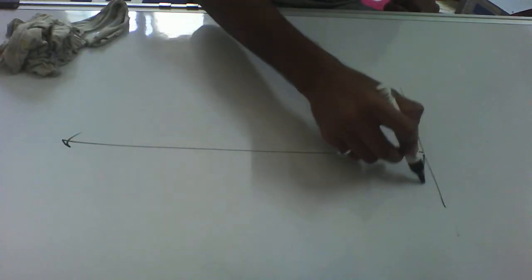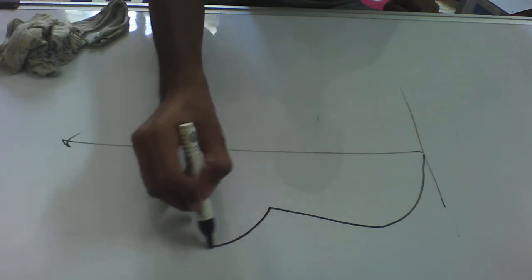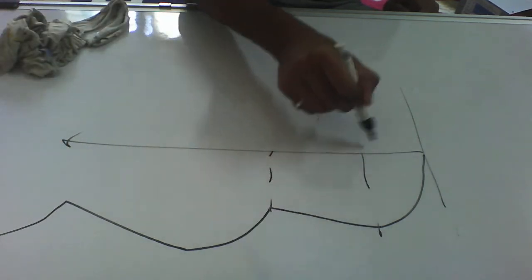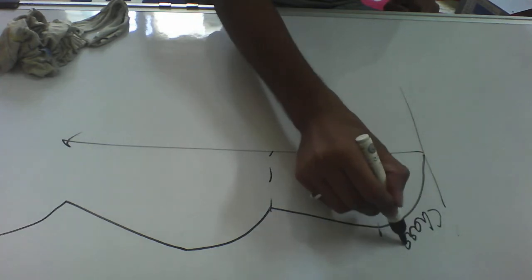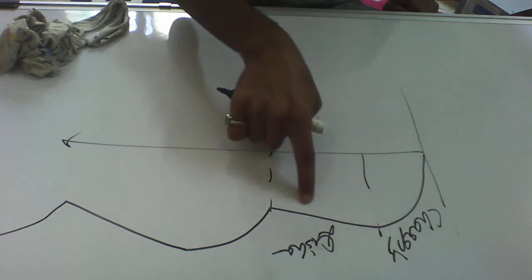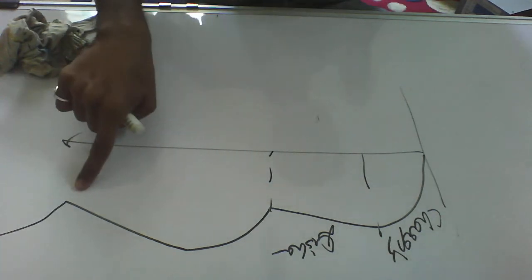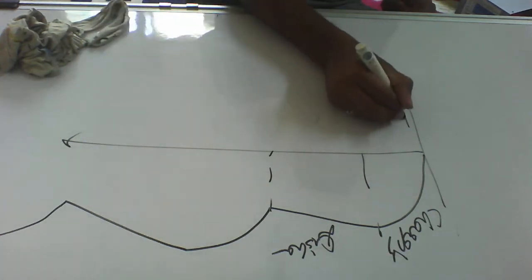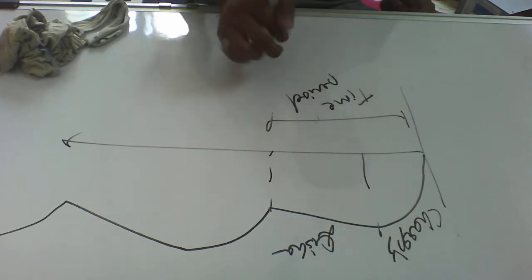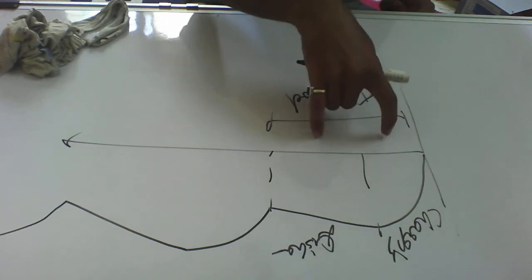So the output of the capacitor looks something like this. This is the charging period, this is the slow discharging, again charging, slow discharging. So this period is termed as the time period of charging and discharging considered together.